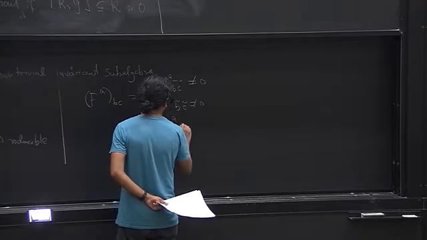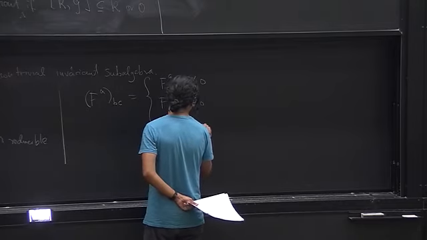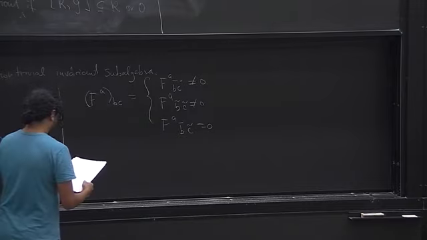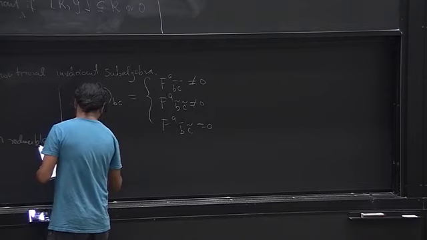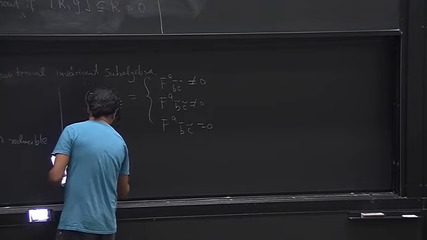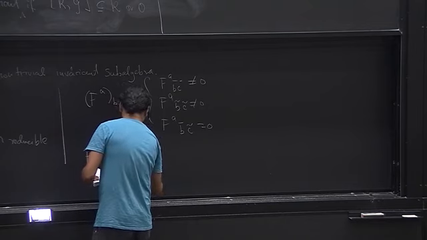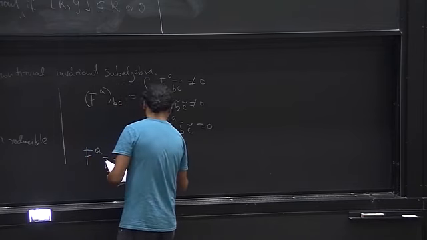Whereas if they are not in the same block, then it is zero. Now, according to the definition of the adjoint representation, this is minus i f A B bar C bar.